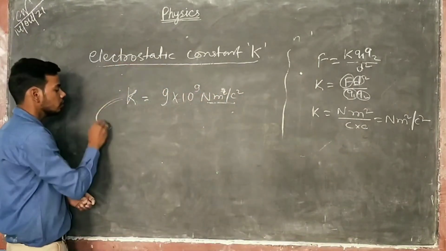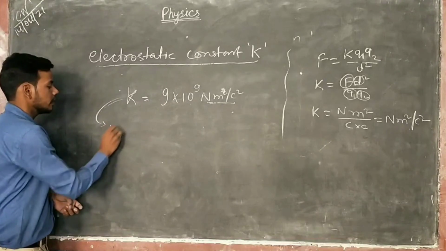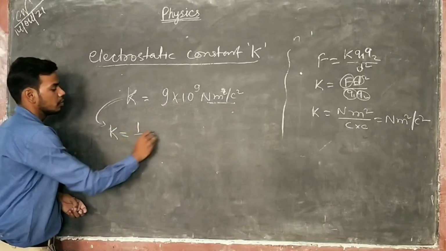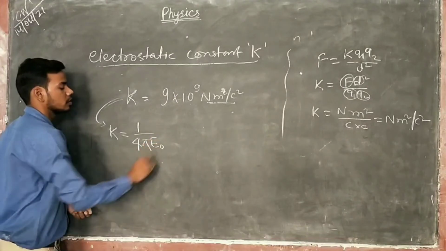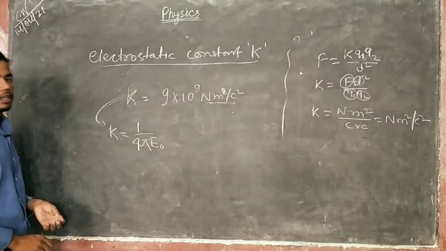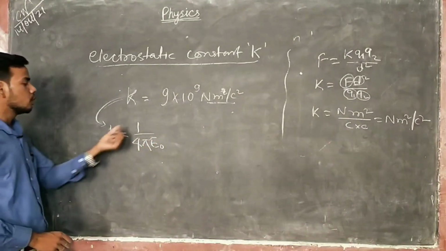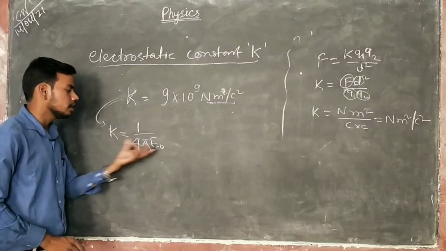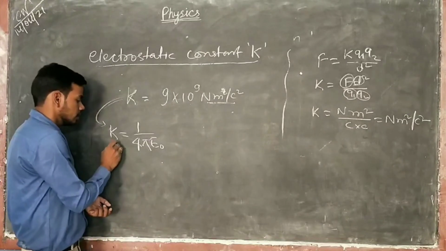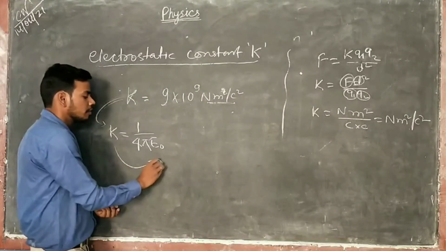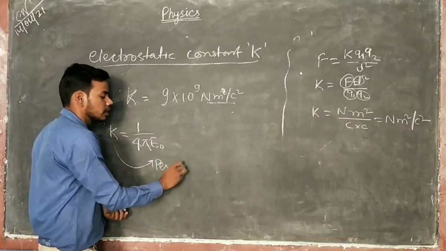And in another way, K is also represented in the form of 1 upon 4 pi epsilon naught. What is written? K is equal to 1 upon 4 pi epsilon naught. Here it has been broken down in the form of permittivity.